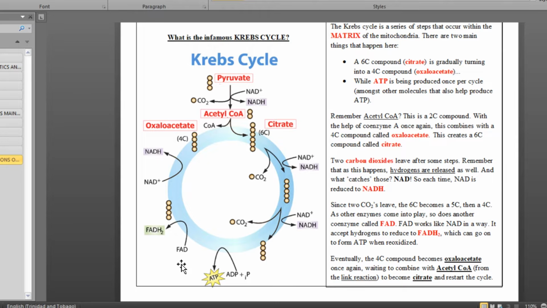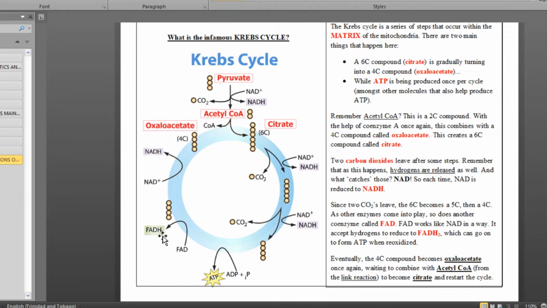You could think of them as uncharged batteries, and they act like a glove to catch hydrogen, to become charged. When they charge, they have the ability to form ATP. That's just putting it very, very basically. When they catch a hydrogen, NAD becomes reduced NAD, or NADH, and FAD becomes reduced FAD, or FADH2.